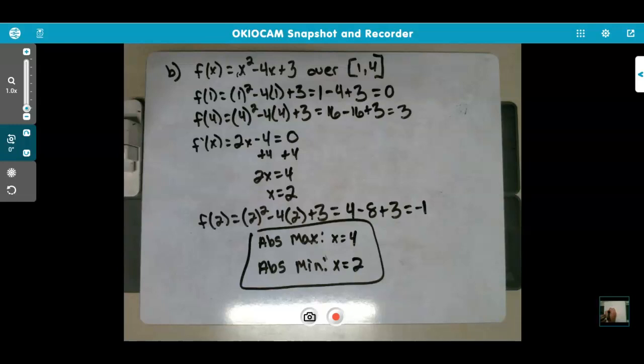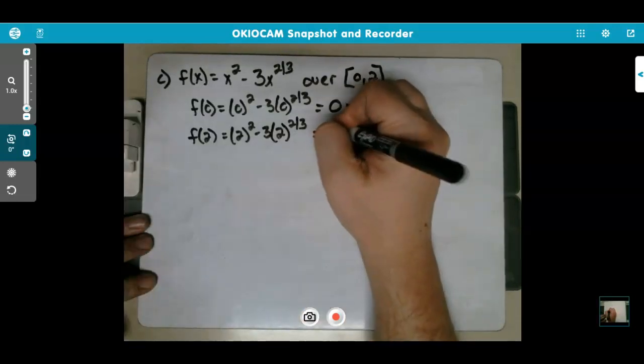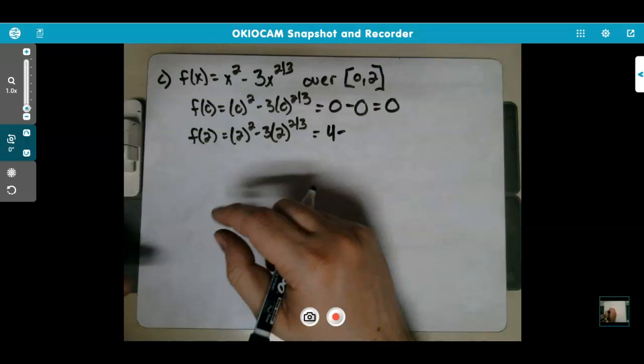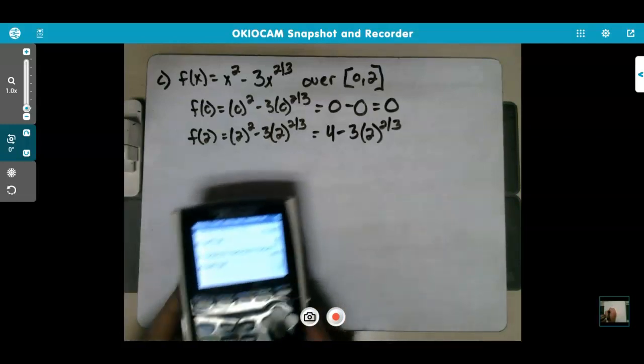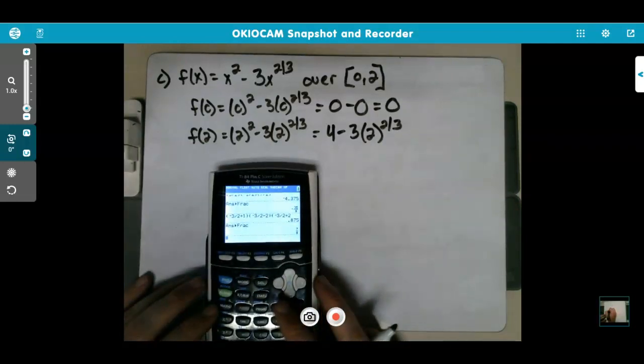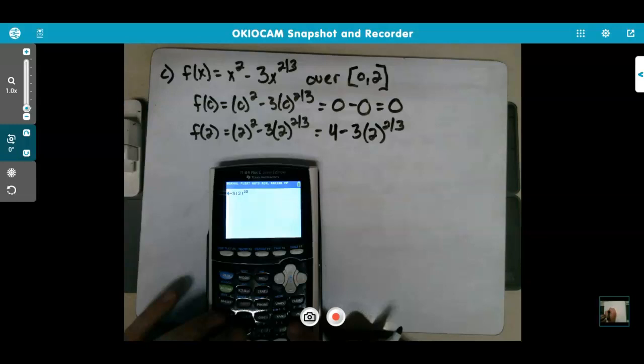Now plug in the 2. f of 2 is equal to 2 squared minus 3 times 2 to the 2/3. 2 squared is 4, minus 3 times 2 to the 2/3, which isn't anything that's super clean and clear. So we can just leave that and plug it into a calculator to see what that is. If you plugged it into a calculator, 4 minus 3 times 2 to the power of 2/3 is about negative 0.76. That'll help us just see if it's the smallest one or whatever.